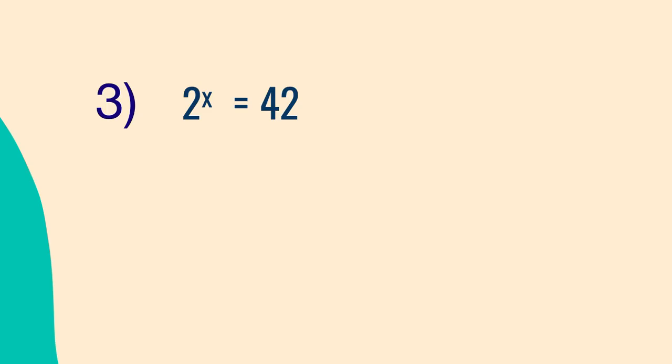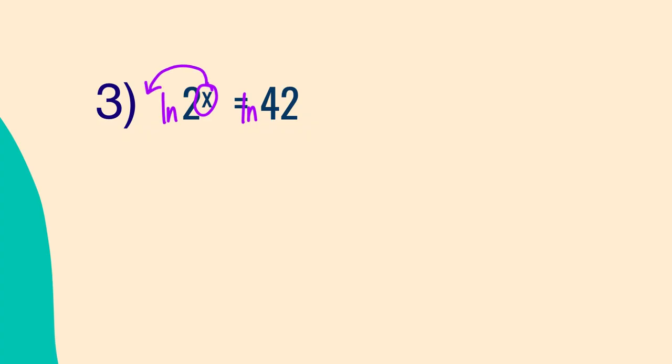So I'm going to use ln on both sides. Keep in mind what you do to one side, you also have to do to the other. Knowing our properties from last lesson, I'm going to take that exponent and move it to the front.